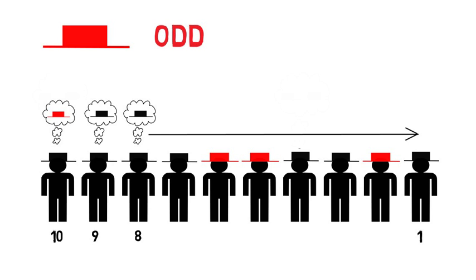So let's move to prisoner number 6. Prisoner number 6 looks ahead and he sees 2 red hats. In other words, he sees an even number of red hats, and in this moment he will understand that he has a red hat himself, because if he had a black hat, all the guys behind him would have seen an even number of red hats.